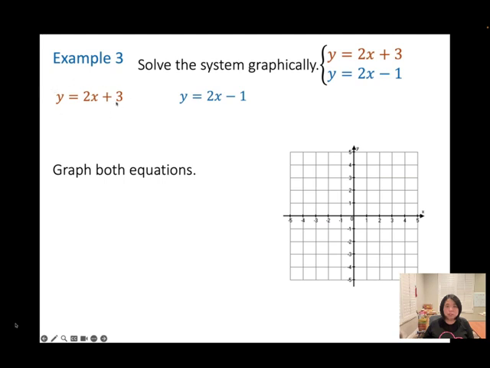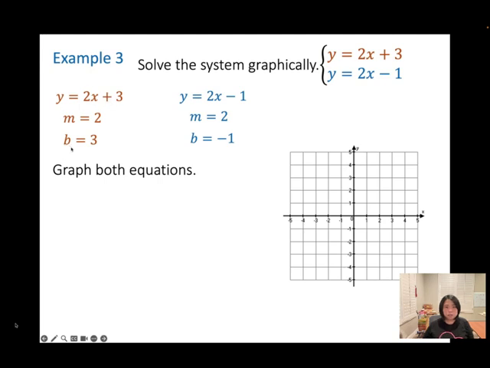For this one, the slope is equal to 2 and the intercept b is equal to 3. This is the y-intercept, so you should have (0, 3) here. Same idea for this one: slope equal to 2, and the y-intercept is -1.